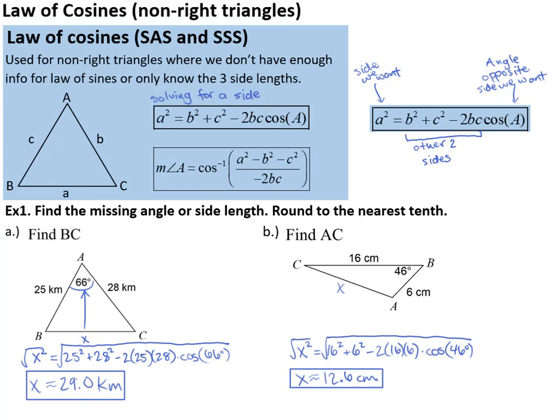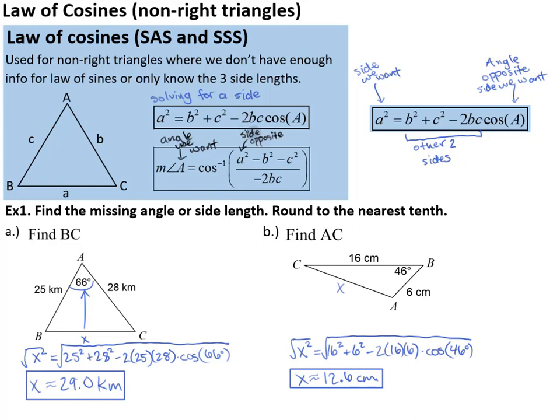So next up, we're going to look at how to solve for an angle using this formula, which, by the way, is literally this formula, but getting A, like the angle here by itself, rearranging that formula. So if A is the angle you want, lowercase a is the side opposite it.